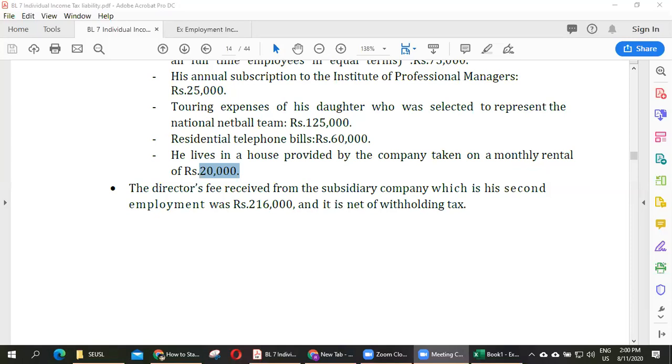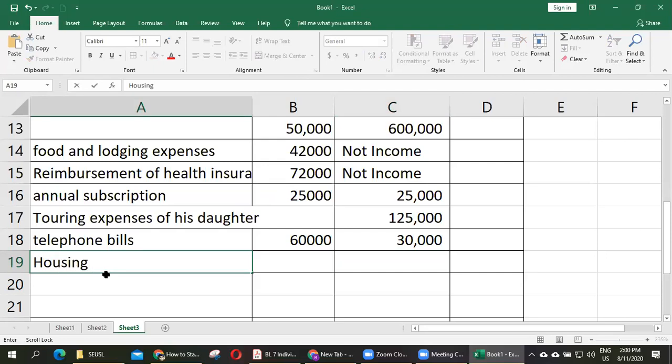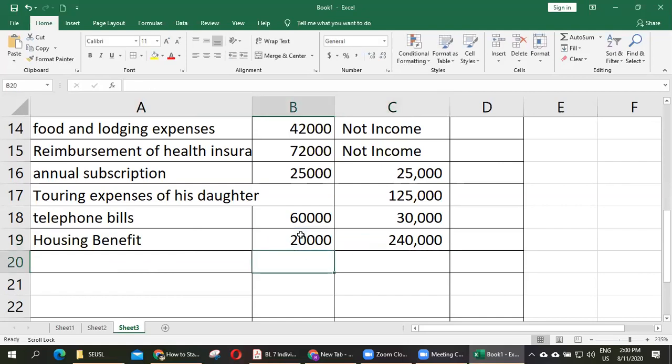Since the market value of the benefit is given, we don't need any other information regarding the housing benefit. How much? 20,000 per month. Therefore, 20 into 12, 240,000. It's at market value, right?